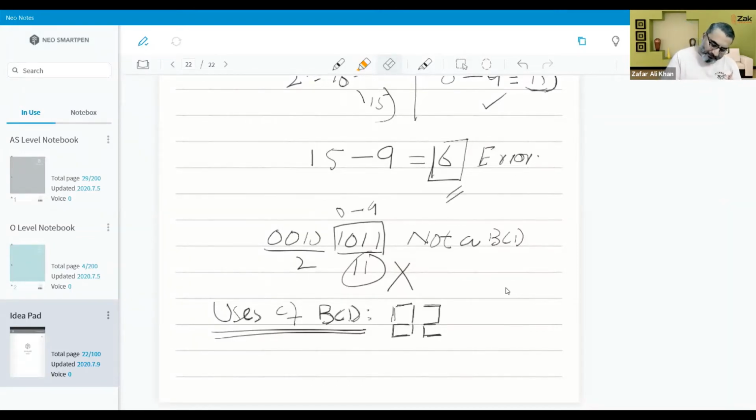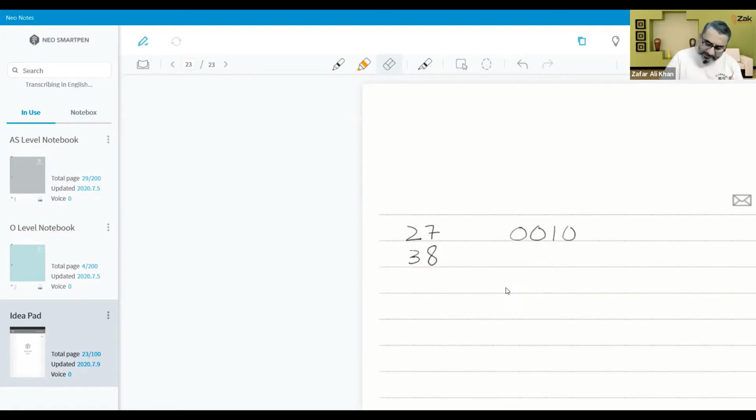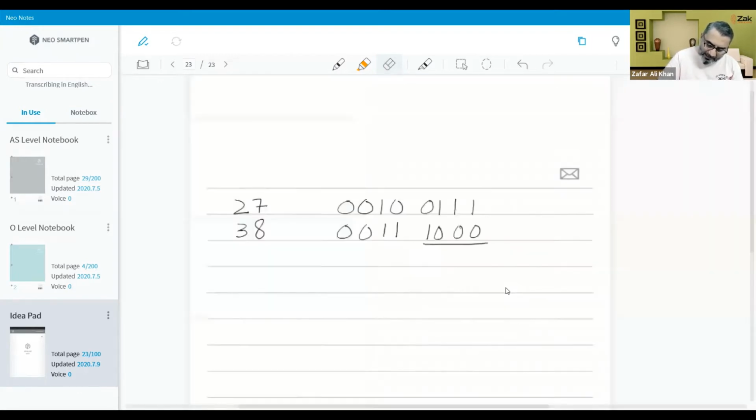So let's say you have to add 27 to 38 in BCD form. This is 2, and this is 7. This is 27, and then 38: this is 3, and this is 8. Let's add them.